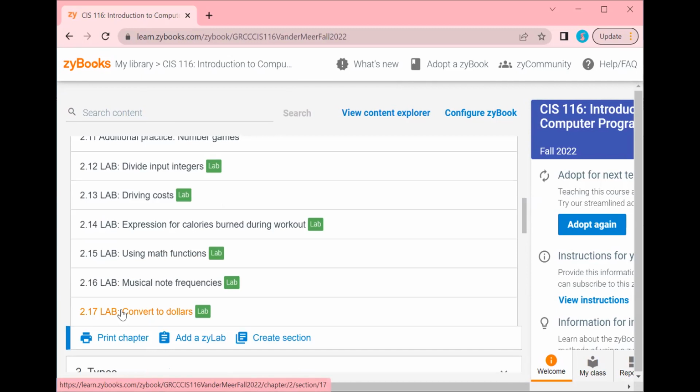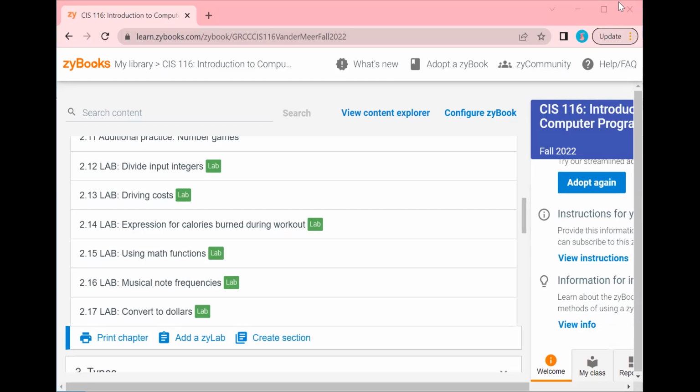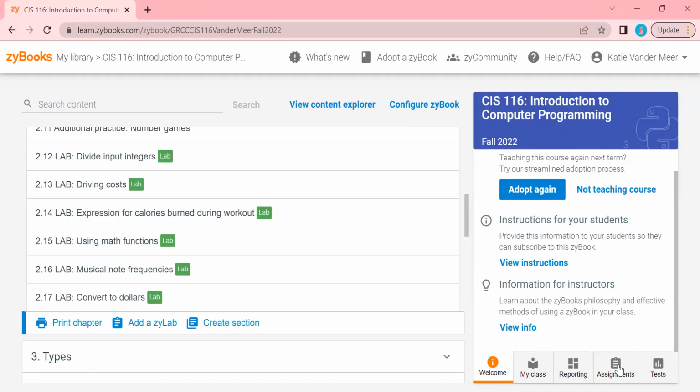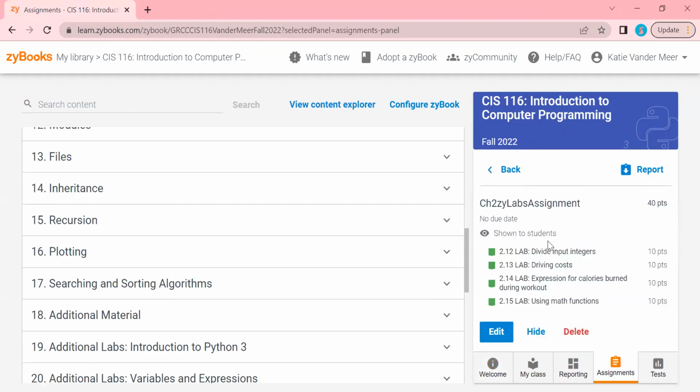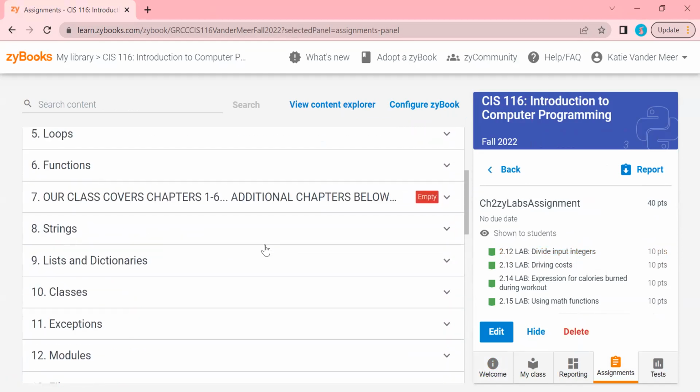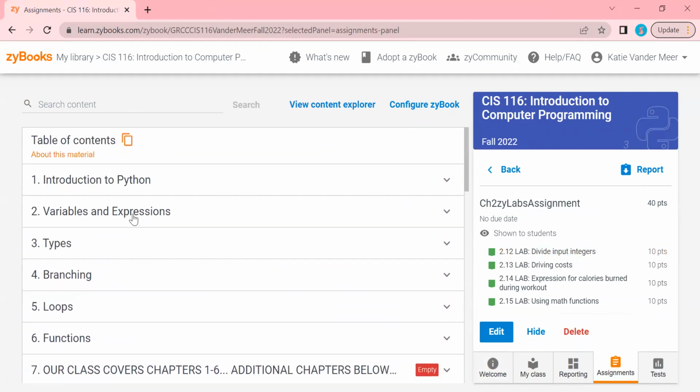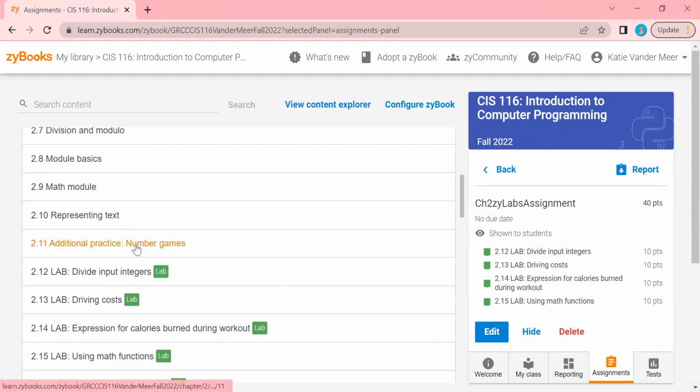Actually, let me see what 4. Let me move these windows out of the way. Chapter 2 labs 12, 13, 14, and 15.